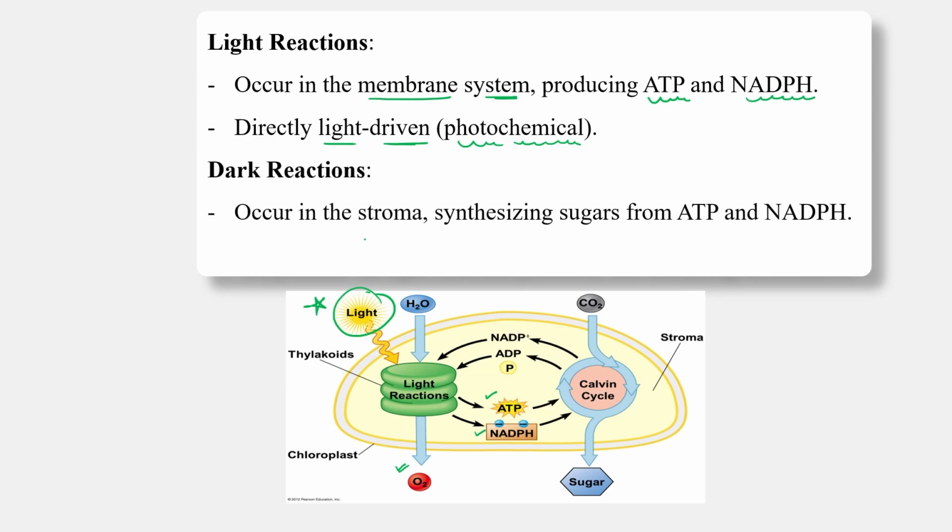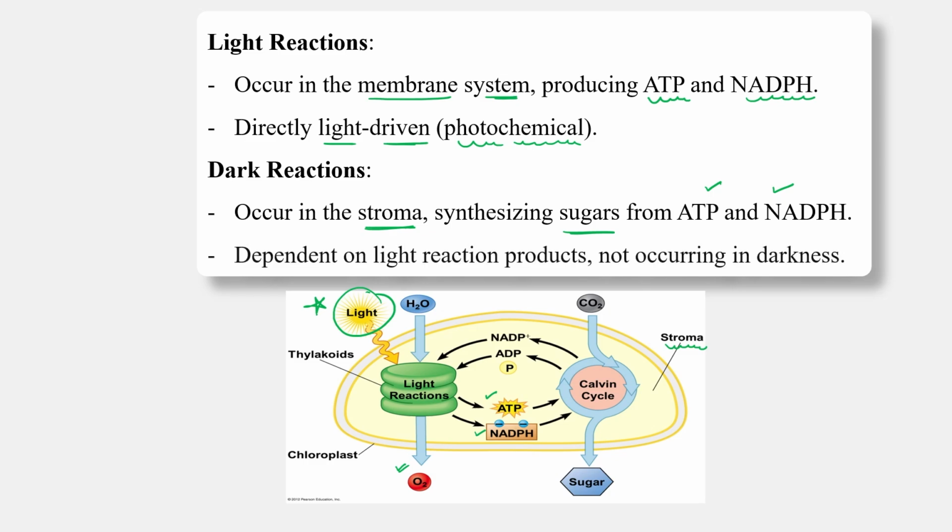Dark reaction: this dark reaction occurs in the stroma. This lemon or cream color area is known as the stroma. So the dark reaction occurs in the stroma, and as I just told you, in this dark reaction sugar synthesis occurs after utilizing the ATP and NADPH which are produced during the light reaction.